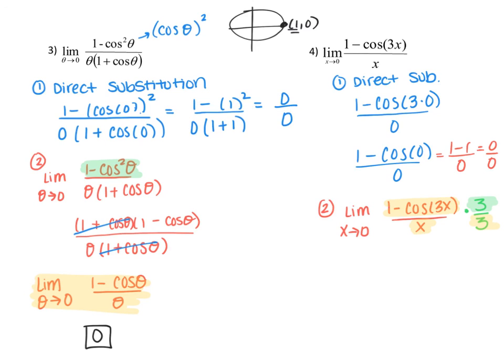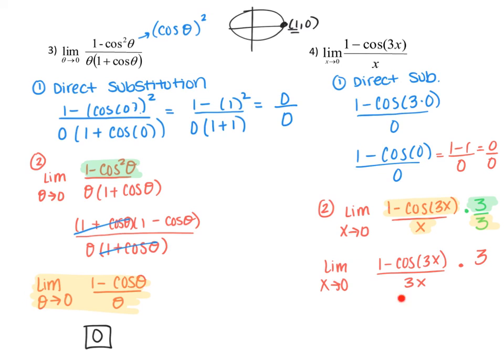So we're going to rearrange this as (1 minus cos 3x) over 3x, then times that lonely 3. And we're going to take the limit as x approaches 0. And remember, we could take the limit of each of the pieces.